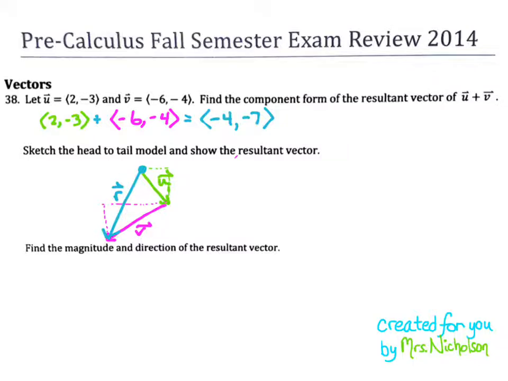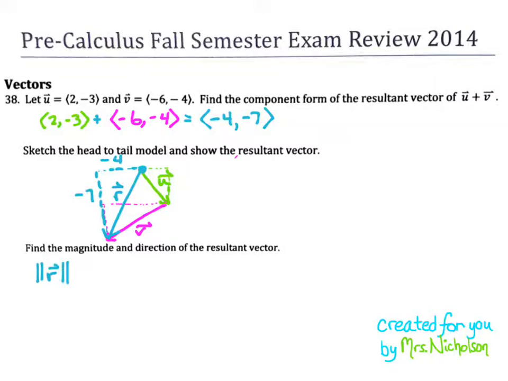Next question asks us to find the magnitude and the direction of the resultant vector. We already have the components, -4 and -7. And if I add those to my sketch up here, -4, -7, you can see if you look at the blue there, we've got a right triangle with sides -4 and -7. The magnitude of the vector is going to be the length of the hypotenuse of that right triangle.